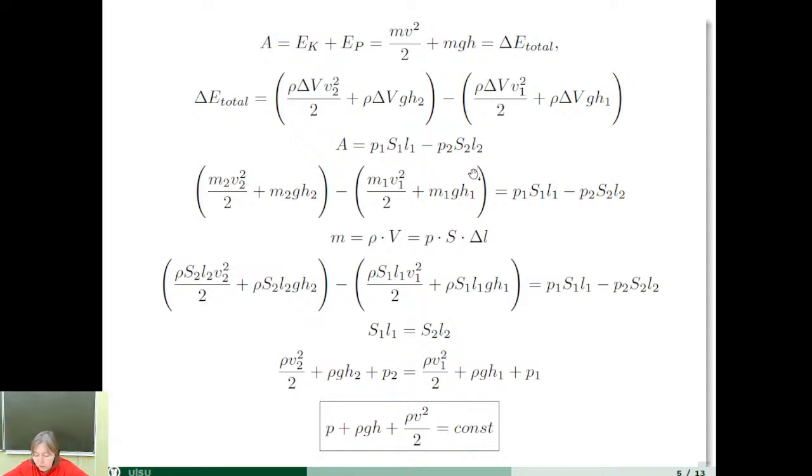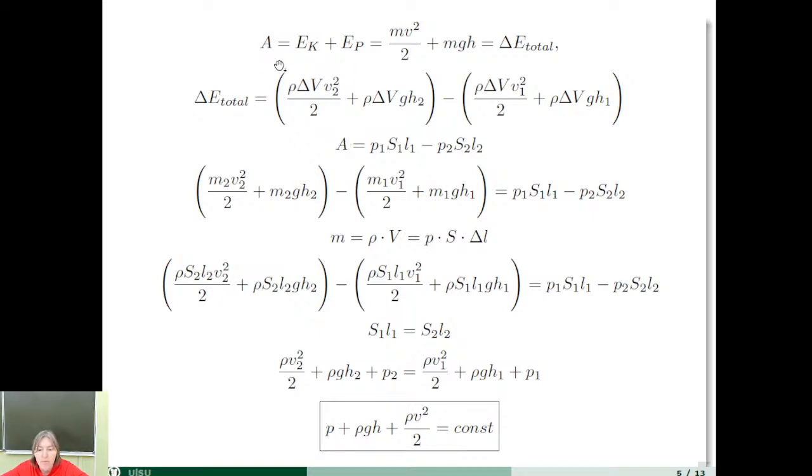Change of total energy is equal to the work of external forces if we disregard friction within the system. We can equate both of these expressions for the work, this work and this work.